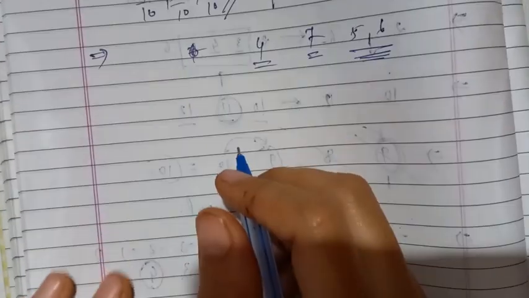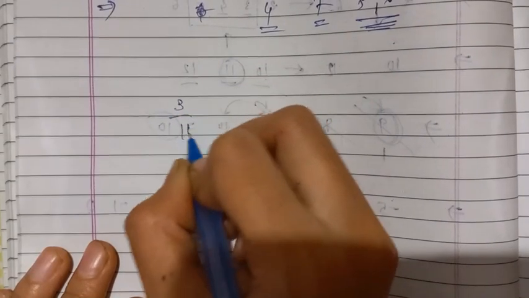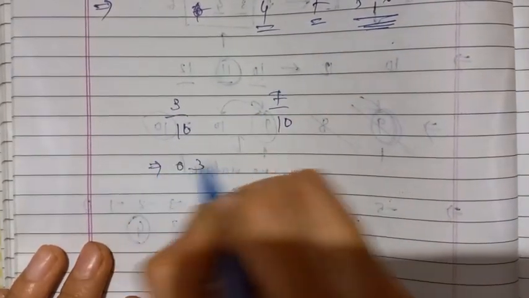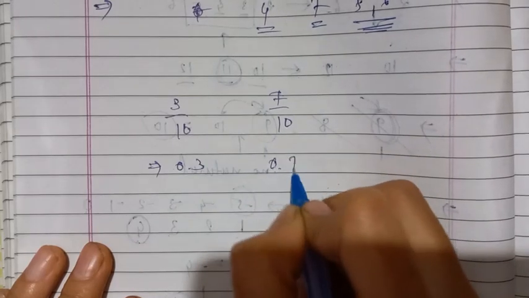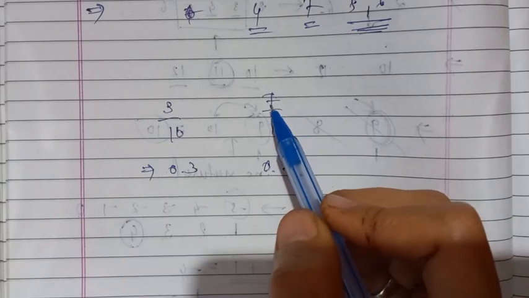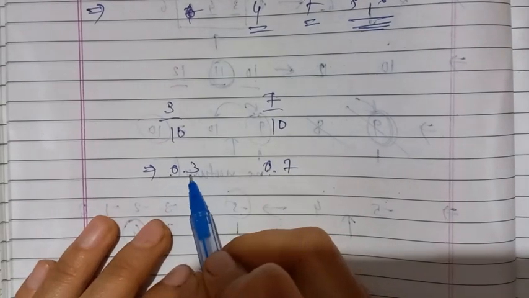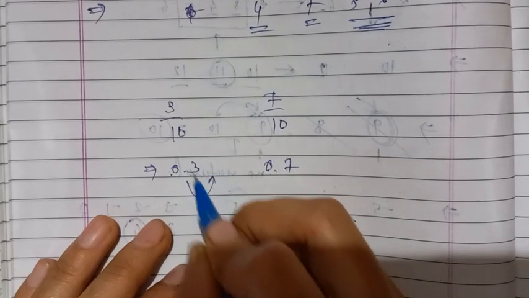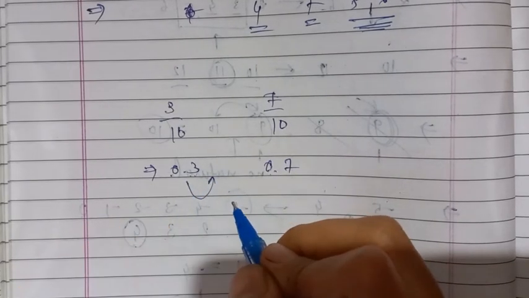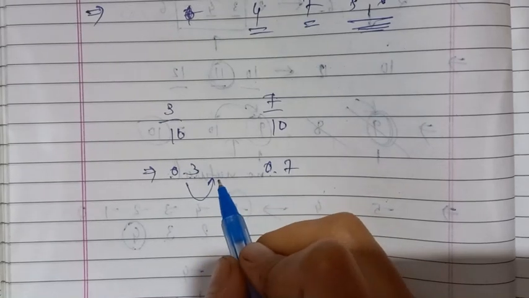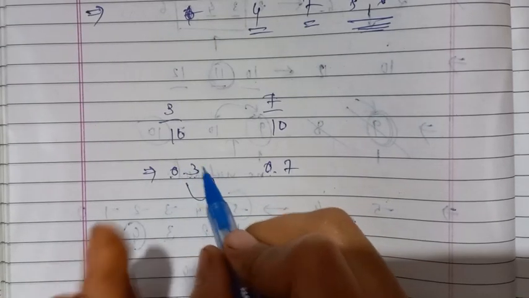As an example, see 3 by 10 and 7 by 10. 3 by 10 is equal to 0.3 and 7 by 10 is equal to 0.7. You can calculate by calculator also. Now, what will be the number after 0.3? It is not decided; it is not fixed that this is the only number after 0.3.